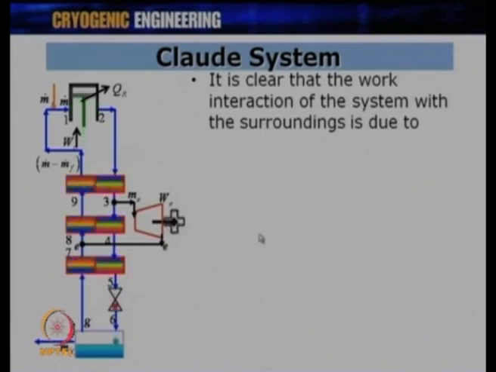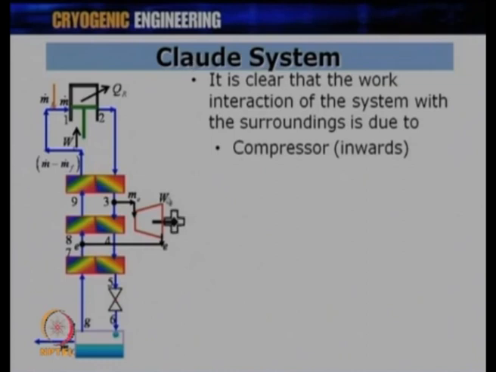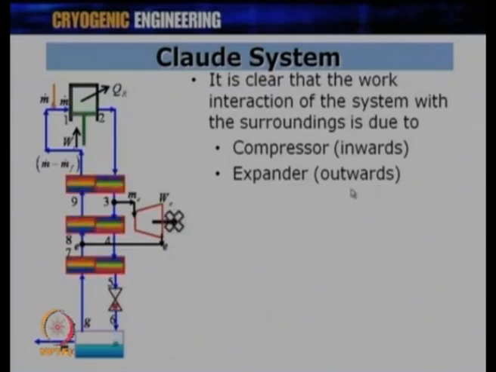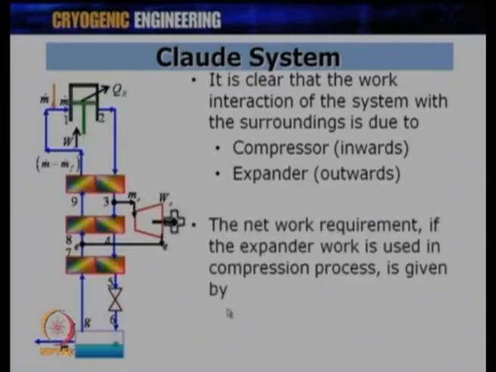Now, let us calculate the work requirement for this system, and where the work comes into the picture is the compressor and expander. In the compressor, we do the work on the system, and in the expander, we get a work output, that means work is done by the system. So, the net work requirement, if the expander work is used in the compression process, ideally whatever work is done by the system could be transferred to the compressor, so that it decreases the net work which has to be done on the compressor.